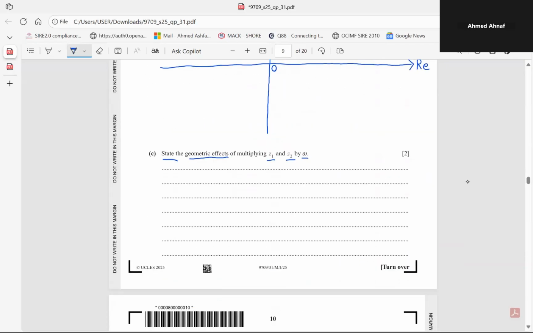So we can say the lines became twice as far from the origin. That's the definition of the modulus from the origin.